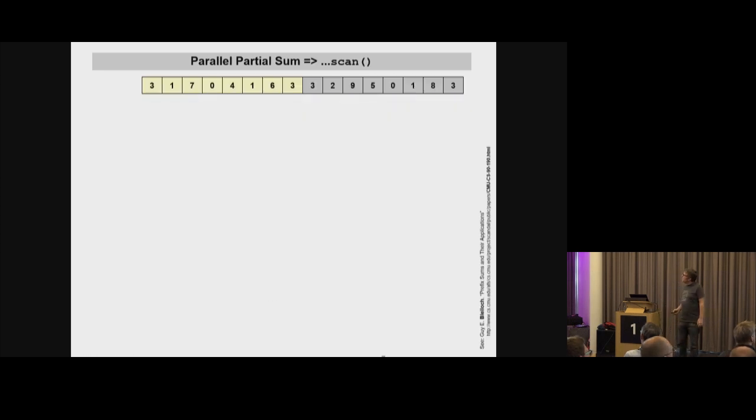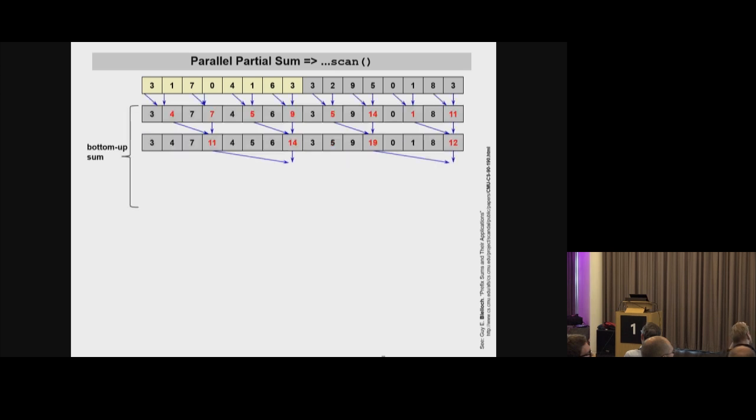I'll show you how. If you have this sequence, I extended the sequence by another 8 elements. The way you parallelize to compute all the partial sums is not to start with the first partial sum, then the second, etc. You do the following.